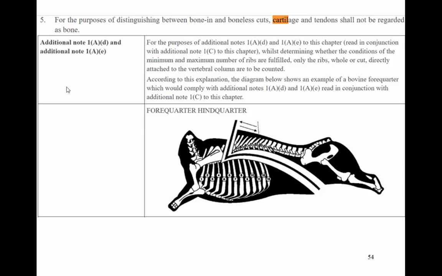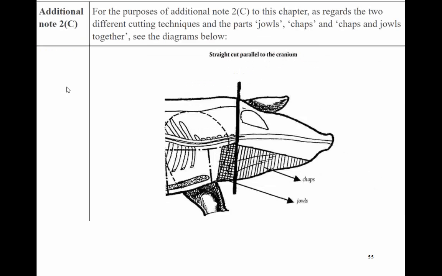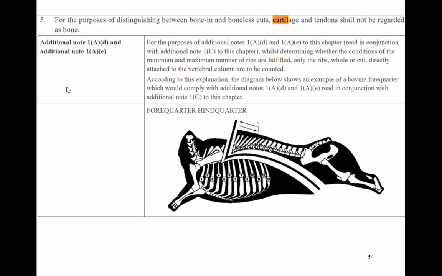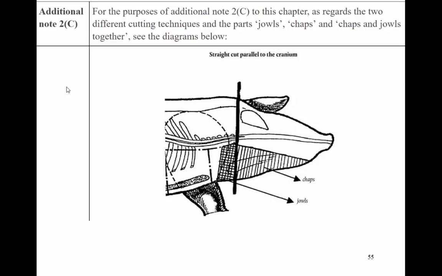And a bit further down, they tell you how to distinguish the forequarter from the hindquarter. And they do this in all the European languages. So you could get this PDF file in Catalan if you wanted. And they just tell you how to distinguish between the jowls and the chaps, which is non-trivial.